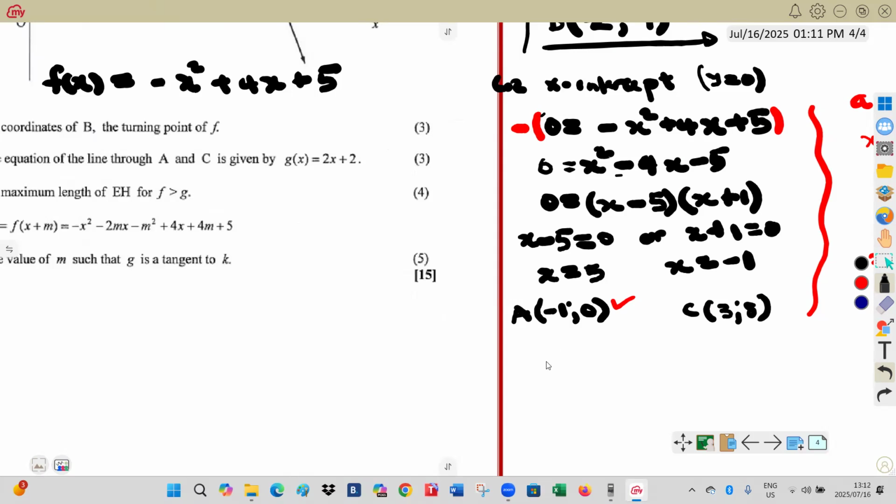Simplify that. So we need the gradient, use the gradient formula: y2 minus y1 over x2 minus x1.